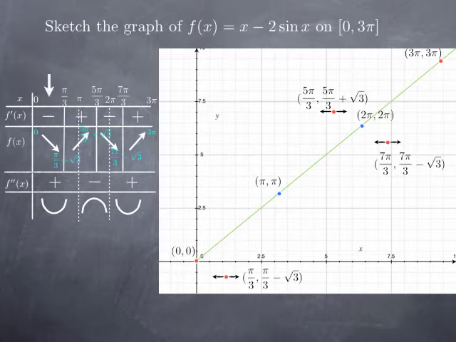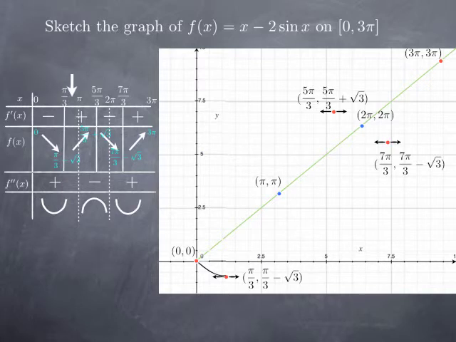Then we're going to try to connect all these points in a smooth fashion using the information we have in the chart. So if I look at the first interval from 0 to pi over 3, the function is decreasing and is concave up. So I join my point (0, 0) and my first local minimum with an arc that is smooth, decreasing and concave up.